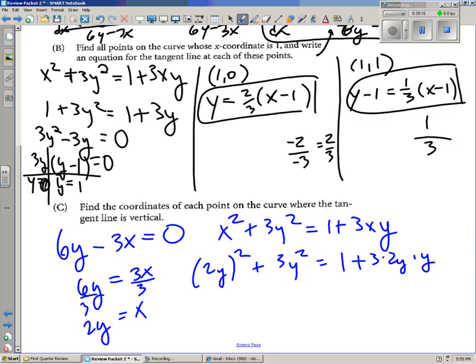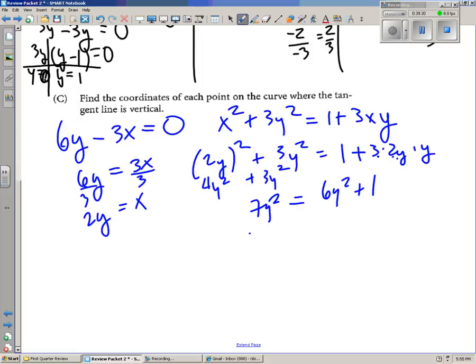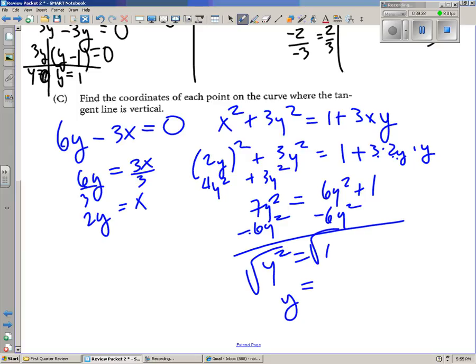So (2y) squared is 4y squared plus 3y squared is 7y squared. That equals 3 times 2 is 6y squared plus 1. So now this becomes a really nice equation. Minus 6y squared on both sides. We get y squared is positive 1. Taking a square root, y is plus or minus 1.